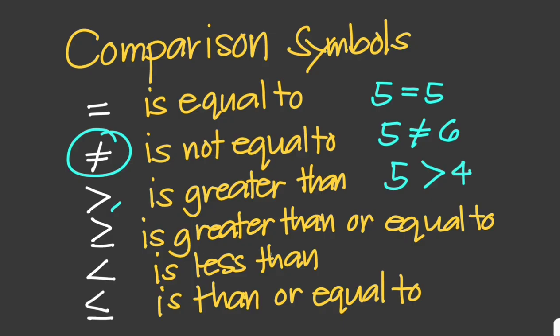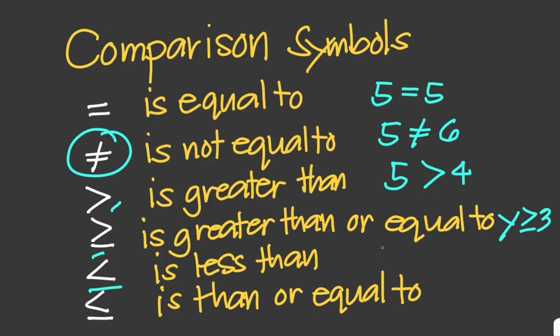Then this one is greater than or equal to. Say, for example, y is greater than or equal to 3. This means that y can be 3 or any number greater than 3. Then the next symbol means is less than.